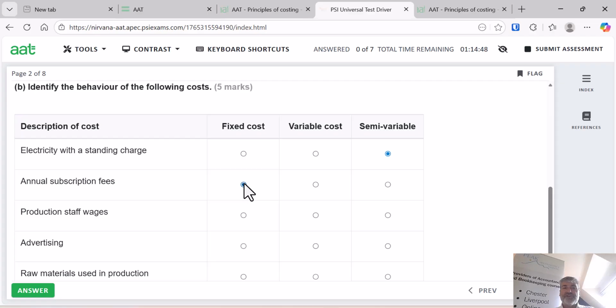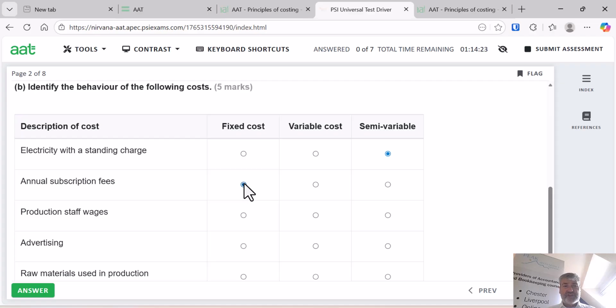So what about production staff wages then? Typically, in order to produce our costings, we will make the assumption that the labour cost of the production area of the business, the area that does the work, makes the products, or provides the service, is a variable cost.